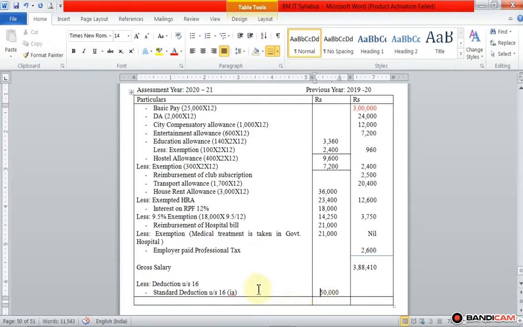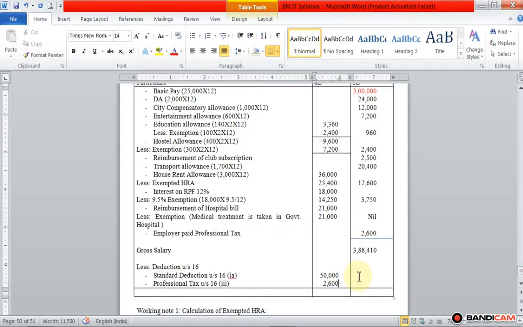Then professional tax under section 16 subsection 3 amounting to rupees 2,600. So here the total deduction amounts to rupees 52,600.